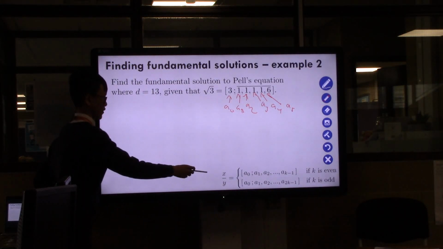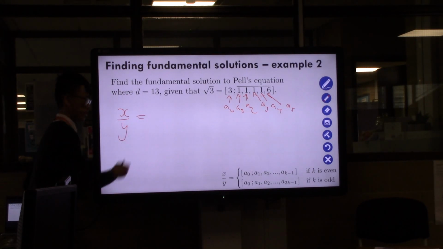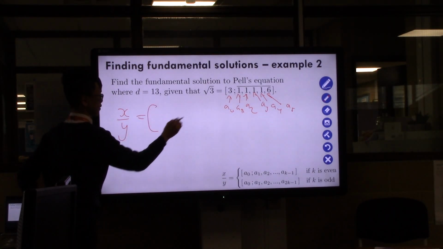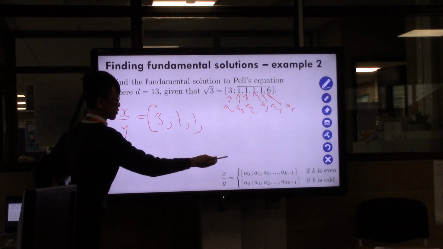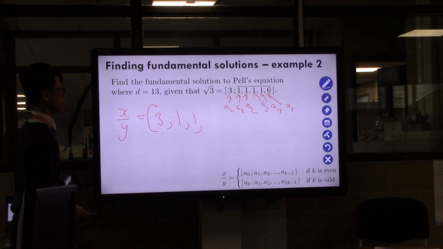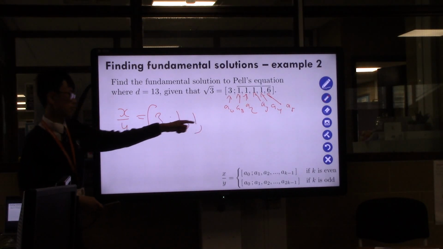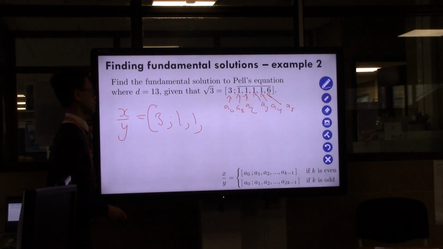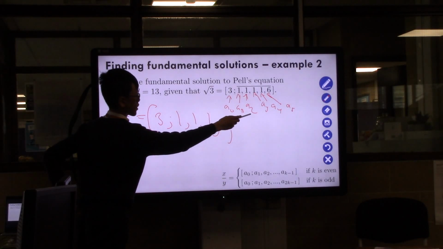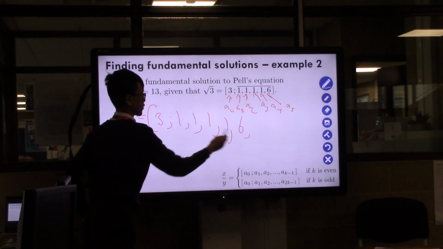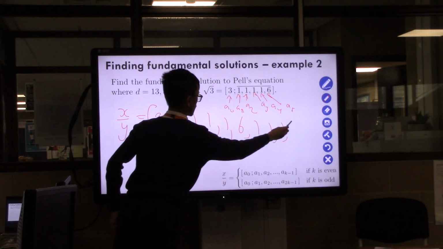So our continued fraction expansion for x over y will be a0, a1, a2, all the way up until a(2k minus 1), which in this case will be 2 times 5 minus 1, which is 9. So 3, 1, 1, 1, 1, that's up until a4, that's a5, and then repeats, a6, a7, a8, and a9.